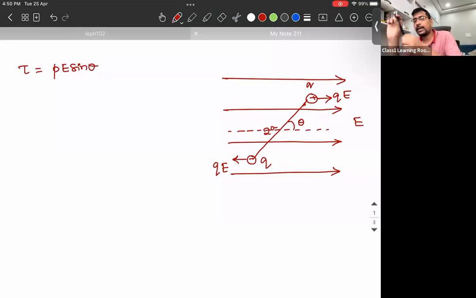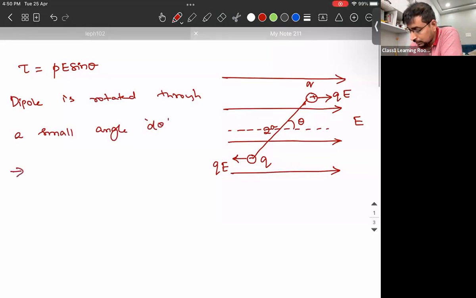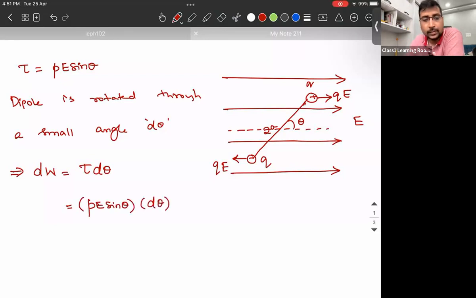Now, if I take the system and slightly disturb it, let's say this dipole is rotated through a small angle d theta, then a small amount of work is done, which is dW, given by the expression tau d theta, which is PE sine theta multiplied by d theta.